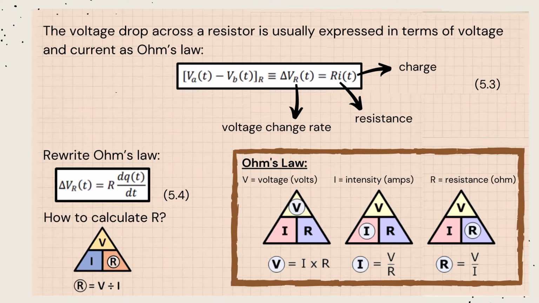The voltage drop across a resistor is usually expressed in terms of voltage and current as Ohm's law. Refer to equation 5.3. We have voltage change rate, charge, and resistance. Furthermore, we rewrite Ohm's law as equation 5.4. Using Ohm's law, we can calculate the value of resistance by simply dividing voltage by current.